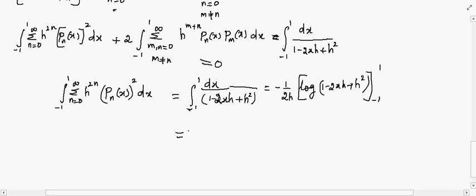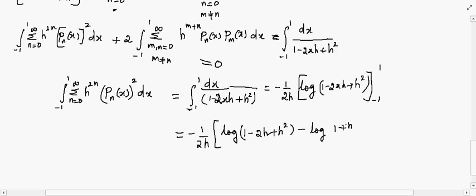Now applying the upper limit, it is minus 1 by 2h into, applying the upper limit plus 1, x is plus 1, so we will get 1 minus 2h plus h square, minus, now we will apply the lower limit. So 1 minus, this will become plus because x is minus 1, 2h plus h square.